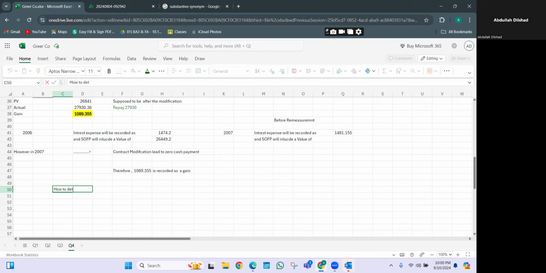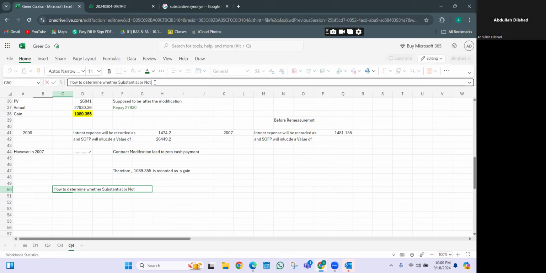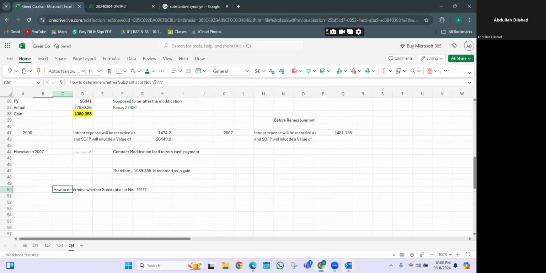How to determine whether it is substantial or not. This is a question that might be arising in most of you. How do I determine? The reason why I'm stressing on this point is there is an impact, a presentational impact, I would say, in terms of your SOFP. So what would the impact be, guys?